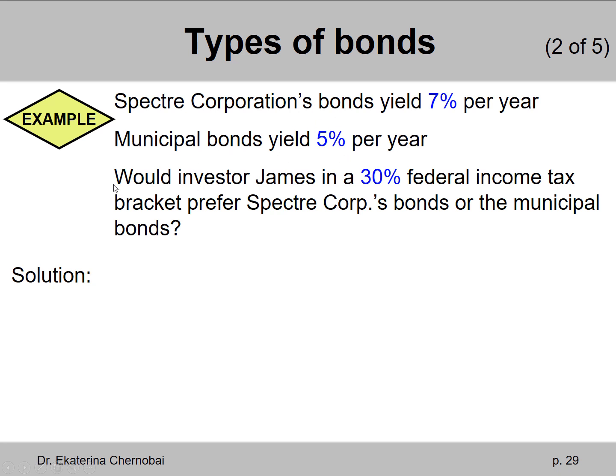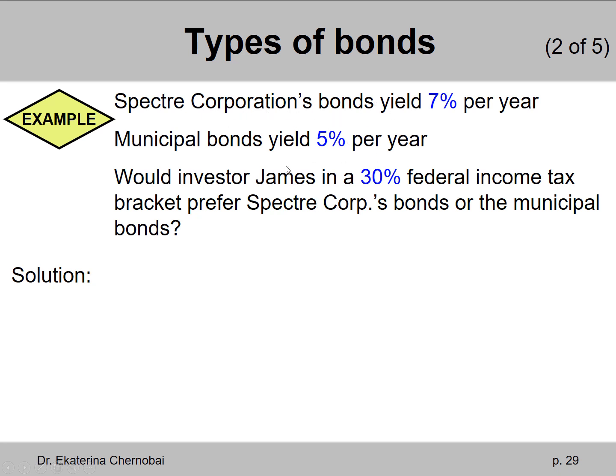So let's say we have investor James, who is in a 30% federal income tax bracket, right? So any income is taxed at a 30% rate. Would he prefer buying Spectre Corporation's bonds or the municipal bonds?